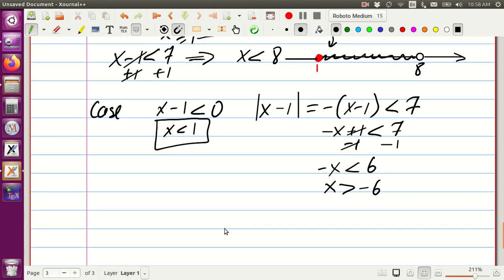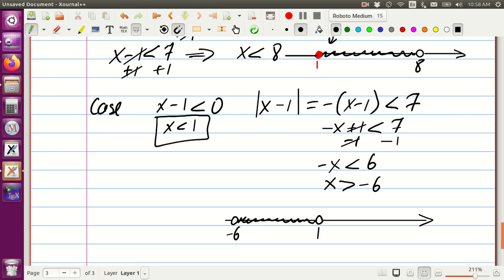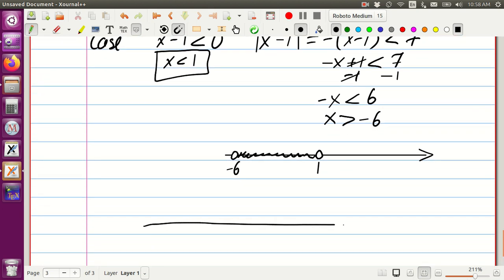So what kind of picture are we going to get in this case? We're going to start at −6 over here on the left, and we're going to go all the way to positive 1, which is also excluded from the consideration. But now we have to combine those answers together. Either one of these solutions works, this one or this one, right? So let's put them together.